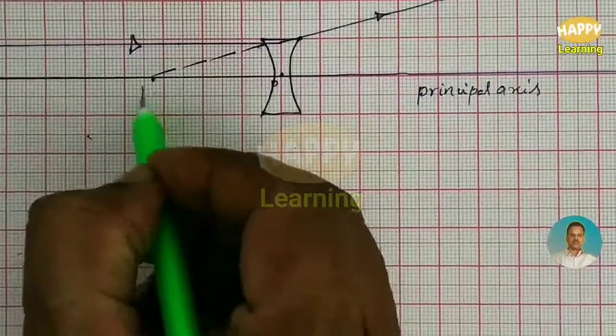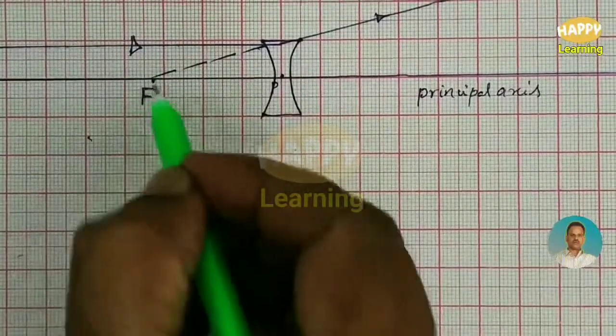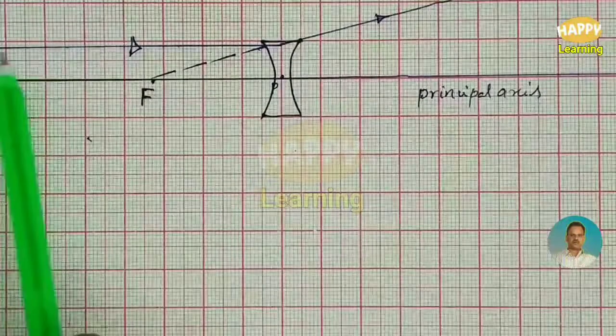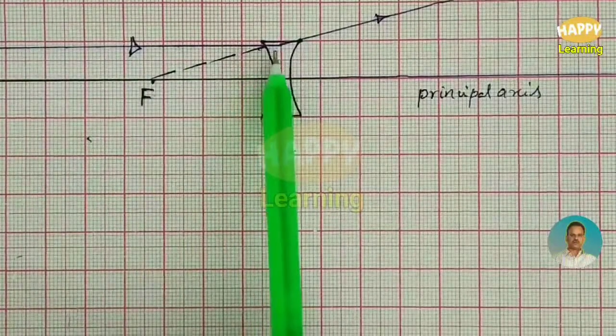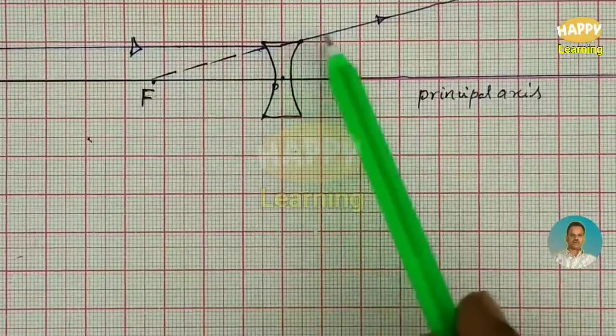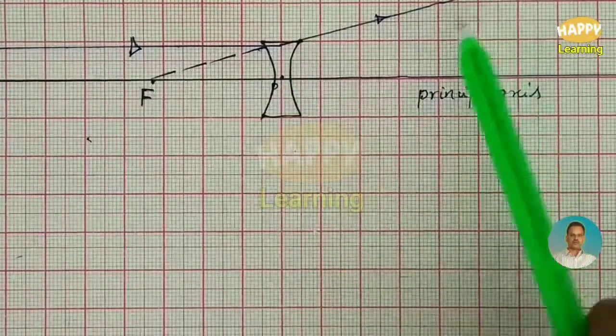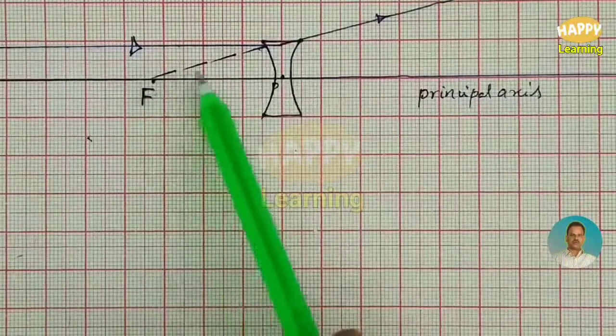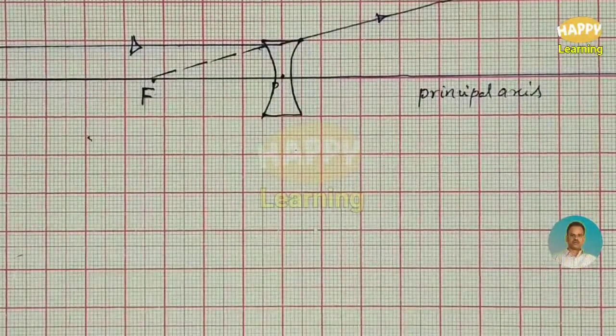From this point, focus, this ray parallel to the principal axis, after passing through the concave lens, refracts in such a way that it appears to be coming from the focus.